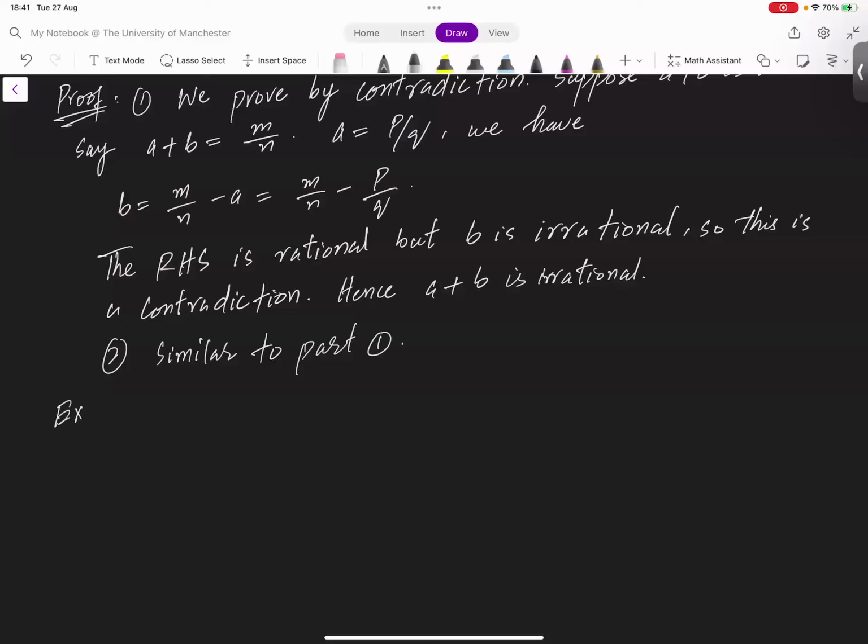Example. The proposition shows that, for example, 1 plus under root 2 and minus 5 under root 2 are irrationals.